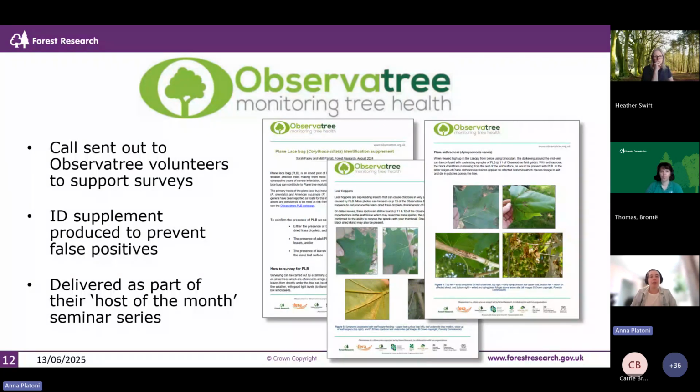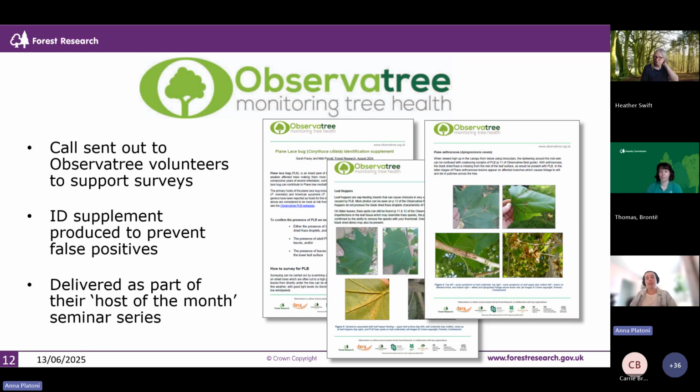Plane lacebug is already a priority pest for Observatory volunteers, so they already had some information about it, but after a group of us spent quite a long time surveying ourselves, that personal experience gave us more insight into the potential pitfalls and lookalikes, and we had access to more photos and generally more experience. So we produced a supplementary guide. Both the original and the supplementary guide are available on the Observatory website.